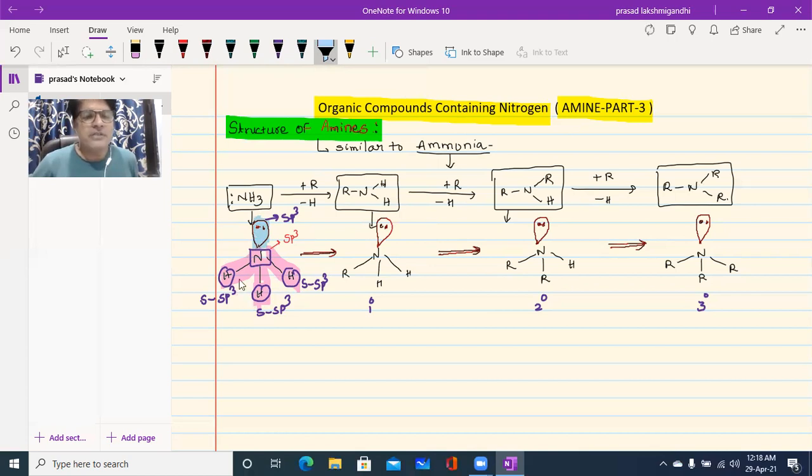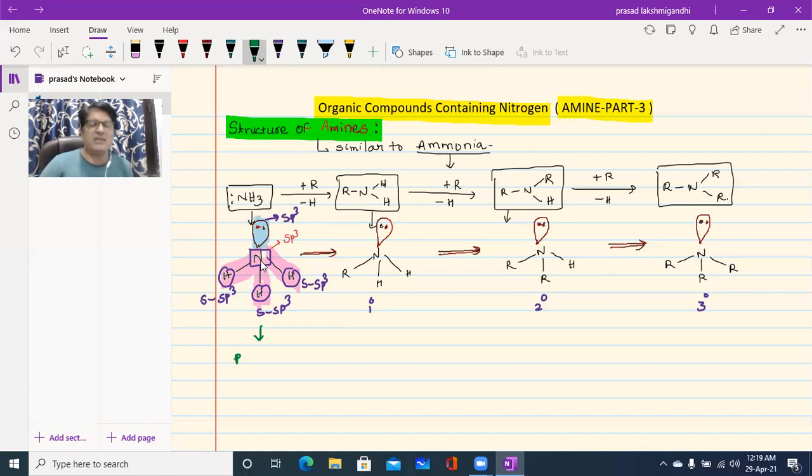So according to this geometry, what is the shape? In the first class in 11th, in the chemical bonding chapter, we already learned the shape of the ammonia molecule. If it is sp3 hybridization, it would be a tetrahedral structure.